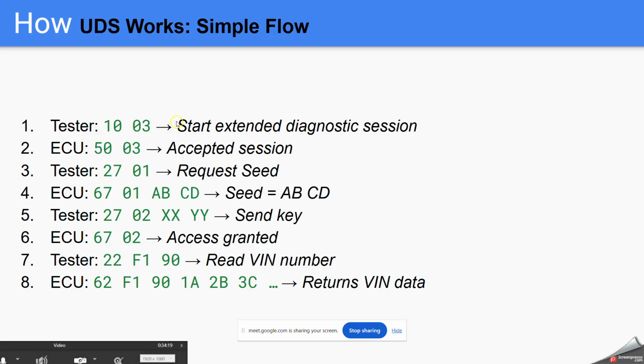Whatever request we send, the ECU will add plus 40 in hex, so that it will be considered as a response of the particular SID. So a 10.03 will be 50.03. 27.01 is a security access related service. Then we will get a response like 67.01, then some seed we will get. Similarly, I'll send 27.02 with the key. Then we'll get 67.02, access granted.